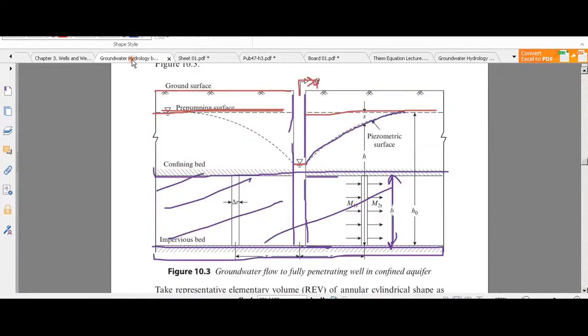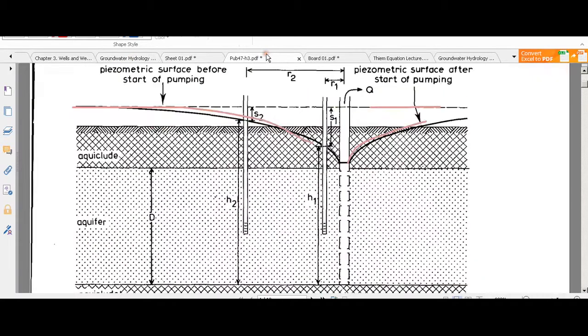That means when it is 50, they say this S1 is 3. When it is 150, because these two are the observation wells, it is 1.2. So that's the real scenario.